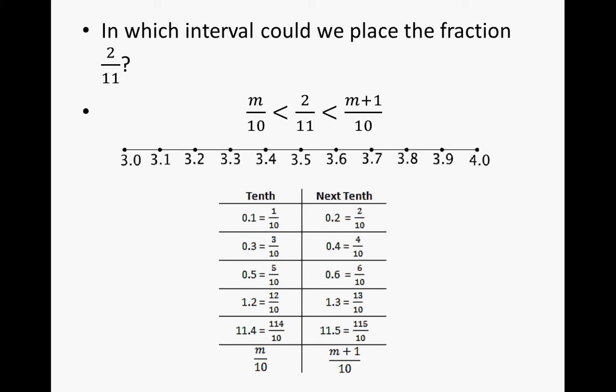So you could set it up like this also. The first tenth, 1/10, would be 1 over 10. Remember, 1 is the m, and that is an integer. Or we can have 2/10, 3/10, 4/10, all the way to 11/10. So any of these integers in the numerator is going to equal m, and then the next consecutive integer would obviously be m plus 1.